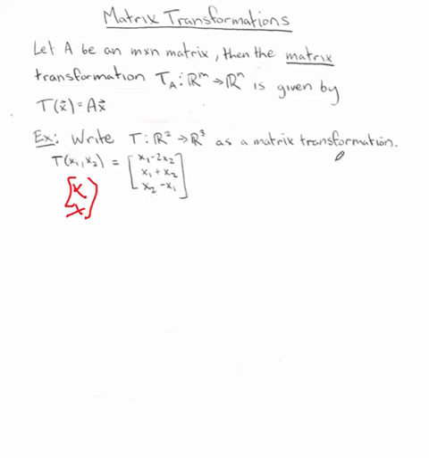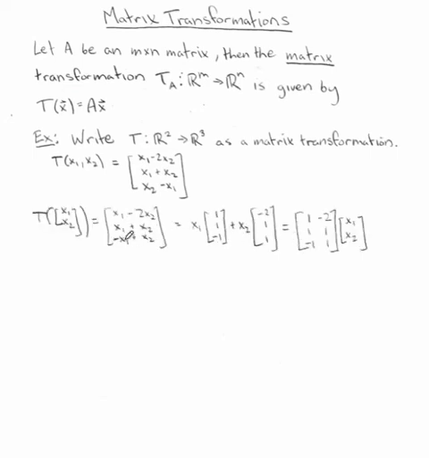Can I write this as a matrix transformation? In order to do that, just like when doing parametric vector form or thinking about solutions, I'm going to get my columns of x1s and my columns of x2s.